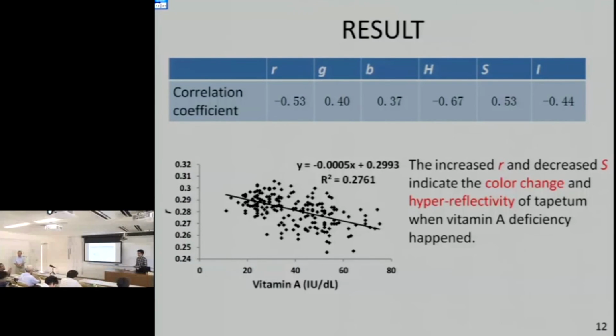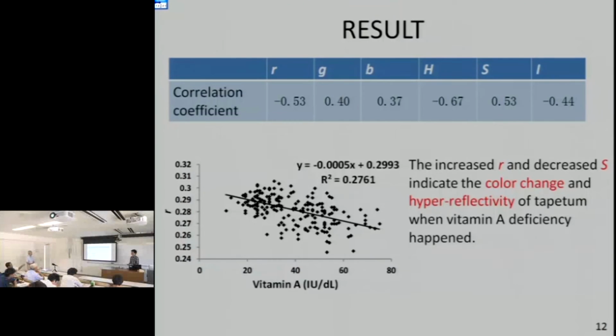Why do you use MLR for this? I mean, R, G, B, small r, small g, small b, S, I are all color information, and they have correlation with each other. For example, small r and S are highly correlated, so you can see this value is the same.